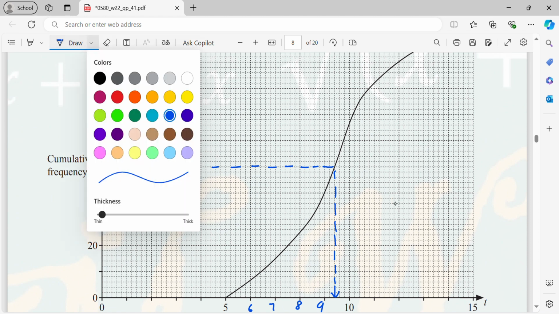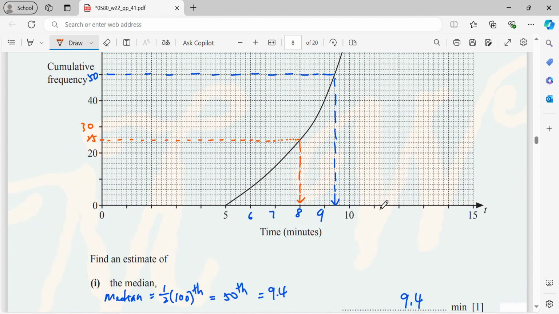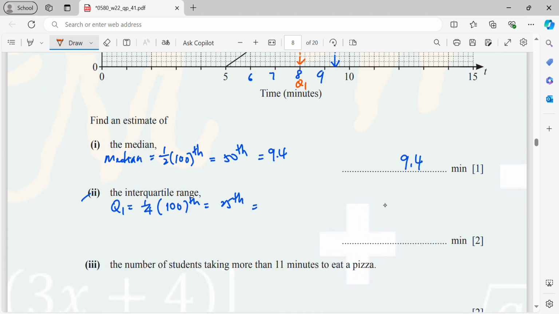Here is 30, that means 25 will be in the middle. So 8 is our Q1.